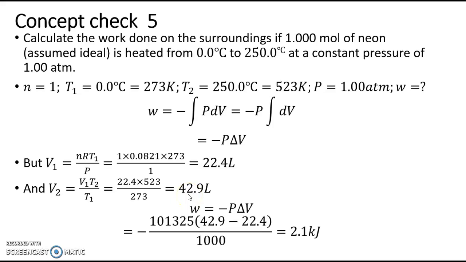So we can calculate our W now. 101,325, that's converting it to pascals, into 42.9 minus 22.4, and 1,000 divided by 1,000 to convert the volume from liters to meter cube. So this gives 2.1 kilojoules.